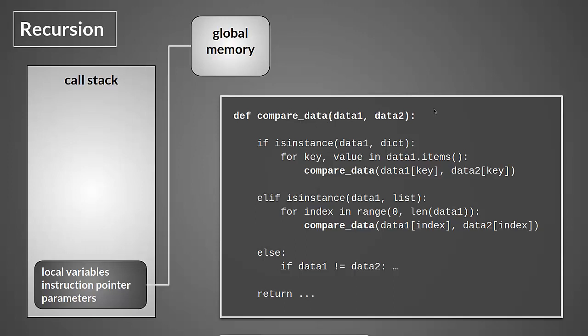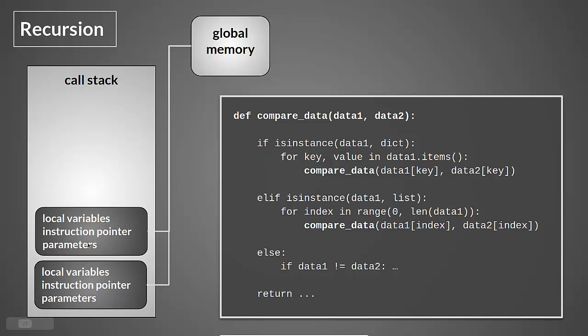If somebody calls compare data, you're going to end up putting another frame onto this stack, and that will contain the parameters that were passed, the instruction pointer of where it was called from, and any local variables that are defined within this function.